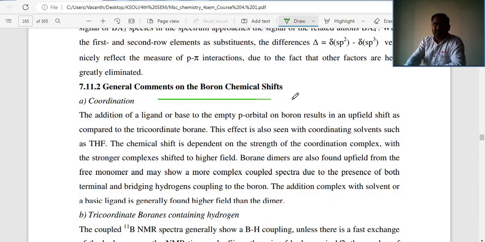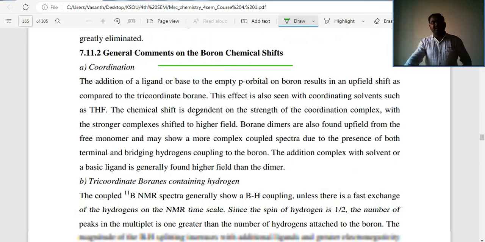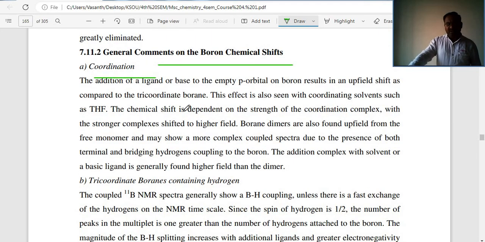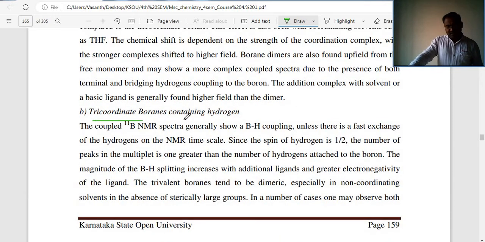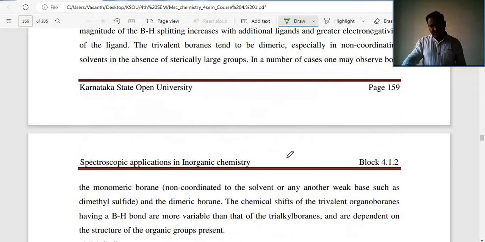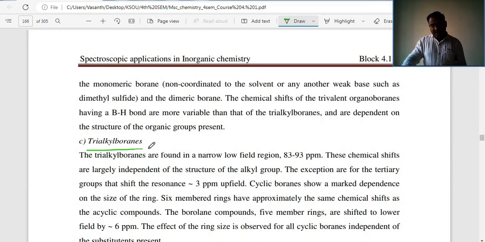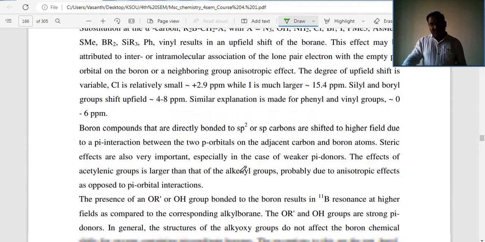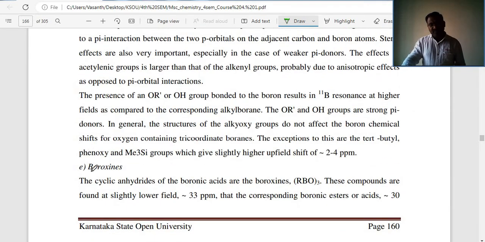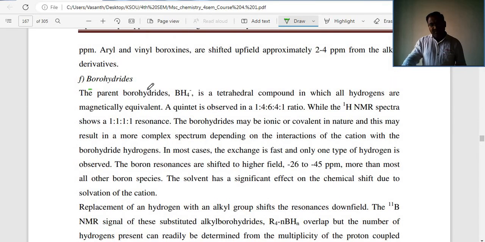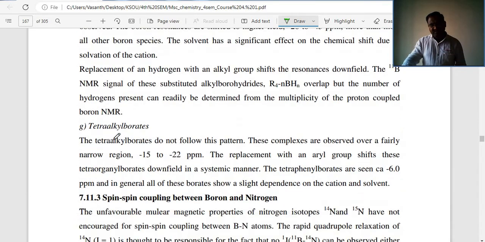Next, what are the general comments on boron chemical shift? One is coordination: tri-coordinate boron containing hydrogen and trialkyl boranes, substitution of alkyl groups, boroxines and borohydrides, tetraalkyl boranes.